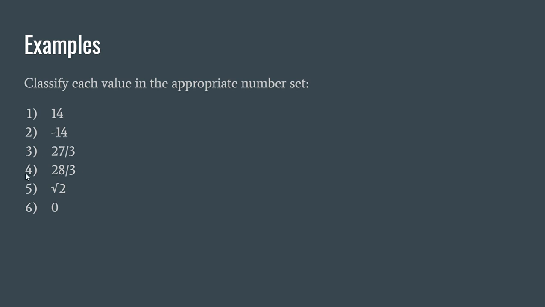Alright, so now number 4 here, 28/3. Now 28/3 doesn't simplify nicely. So it's not a natural number, it's not a whole number, and it's not an integer. However, it does repeat as a decimal. That makes it a rational number.